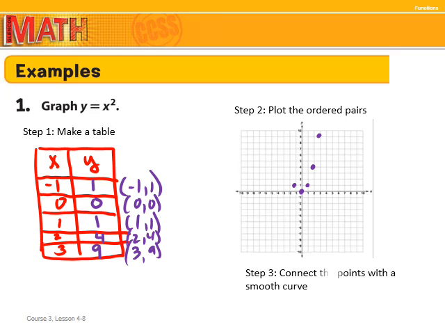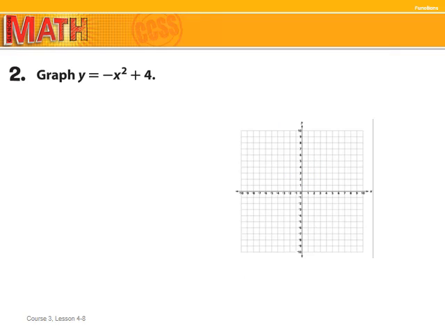Once we've plotted our points, we connect the points with a smooth curve. I can obviously tell that it's also going to continue on the left-hand side. So this is what a quadratic function looks like, and it's a positive parabola. Again, the coefficient is positive 1, so it goes upward.